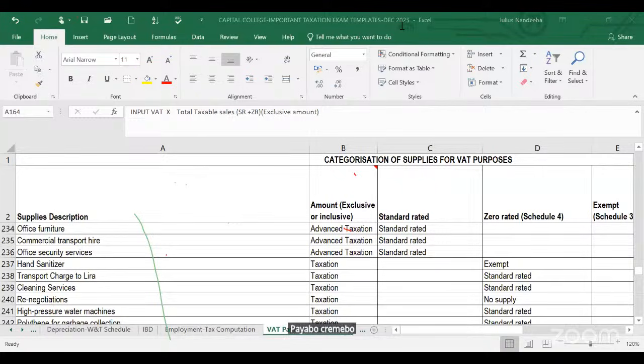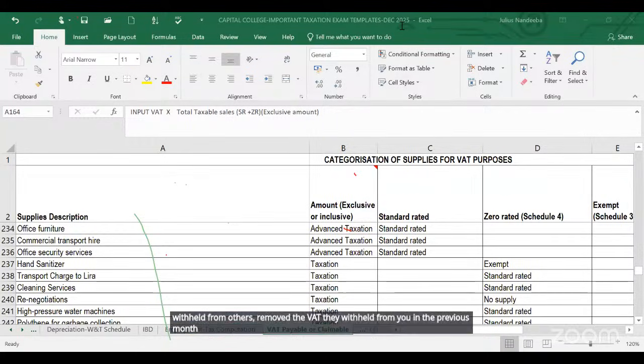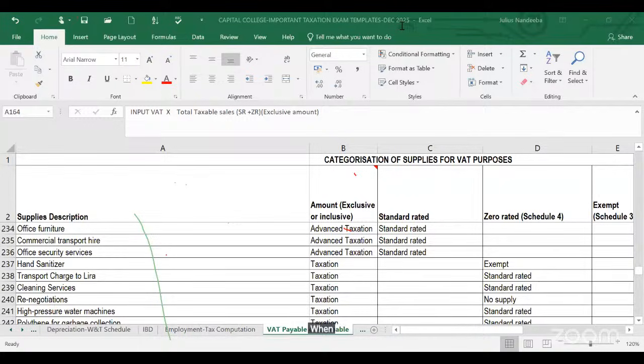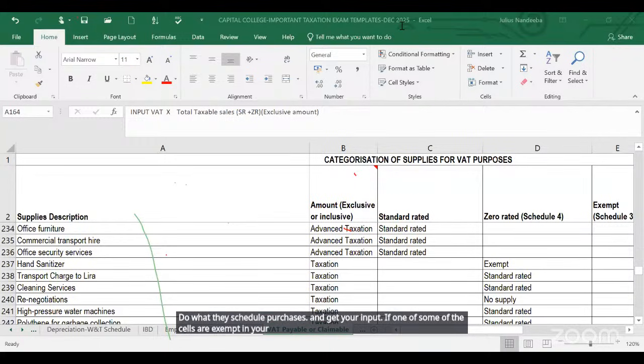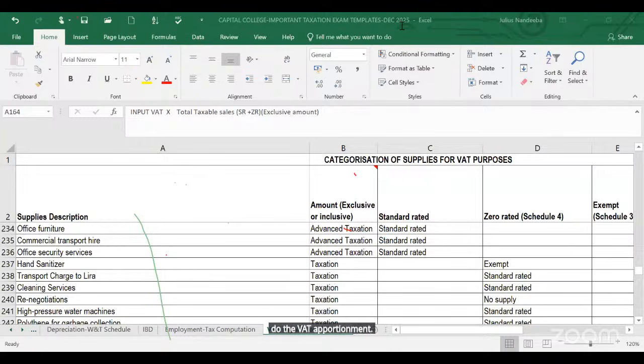Adjust it for VAT offset: add the VAT that you have withheld from others, remove the VAT they withheld from you in the previous month, and then get the unit. When you're drawing your schedules, draw the schedule for sales, draw the schedule for purchases, and get your input. If some of the sales are exempt in your sales schedule, make sure you remember to do the VAT apportionment.